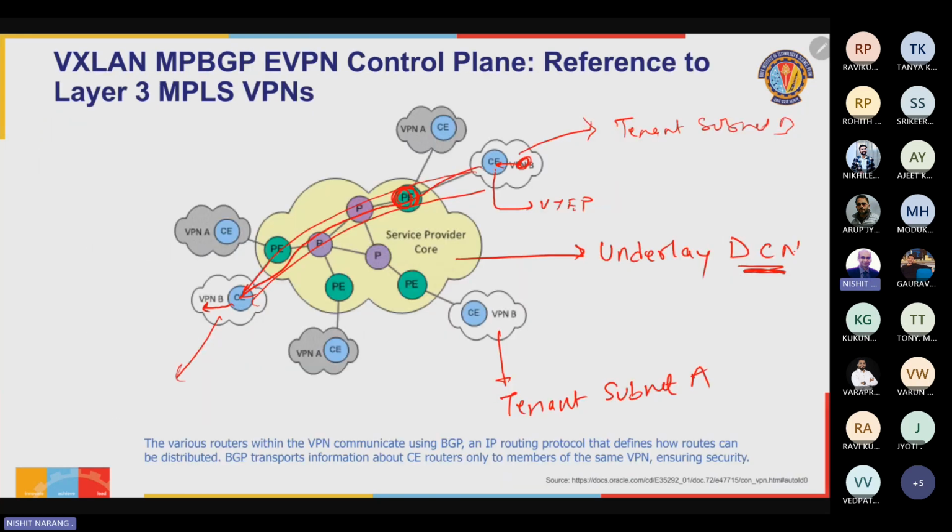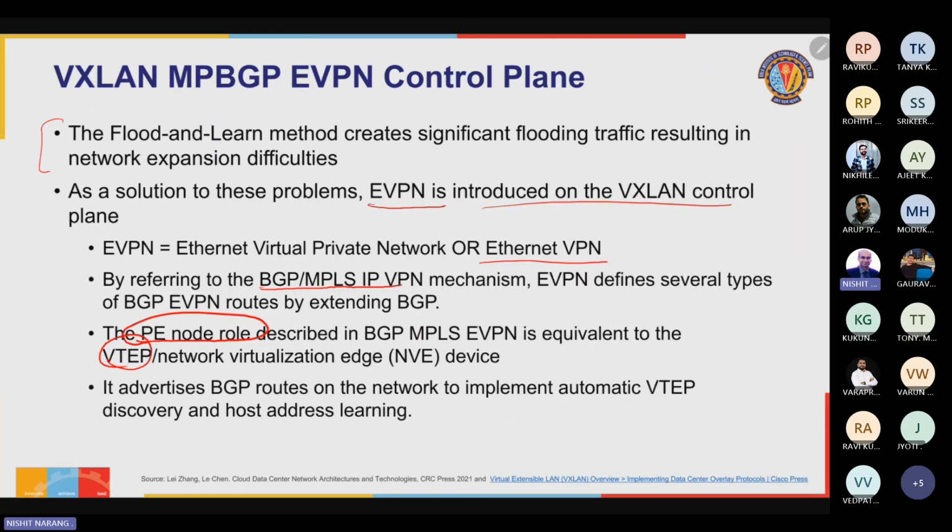And the CE actually can be seen as the sender, the V switch, which is sending the traffic. PE is the VTEP. And these VTEPs use the MPBGP protocol to advertise reachability. The prefixes get exchanged using the MPBGP protocol. So a normal routing protocol like BGP is what I can use to exchange prefixes.